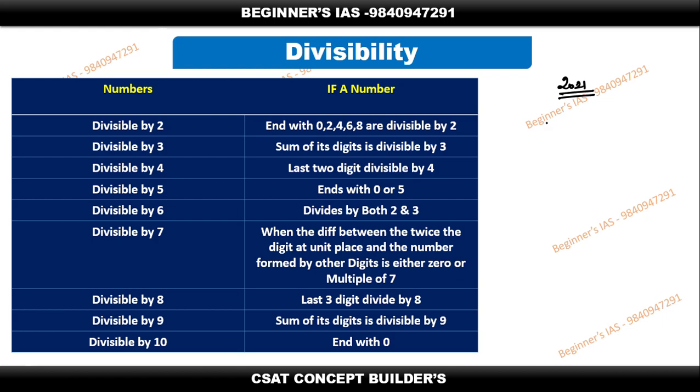But listen carefully. To solve this question, suppose you are not getting any idea how to proceed, just do the normal division. When a number is divisible by any number, surely the remainder is going to be 0. So divide the given number by 7.